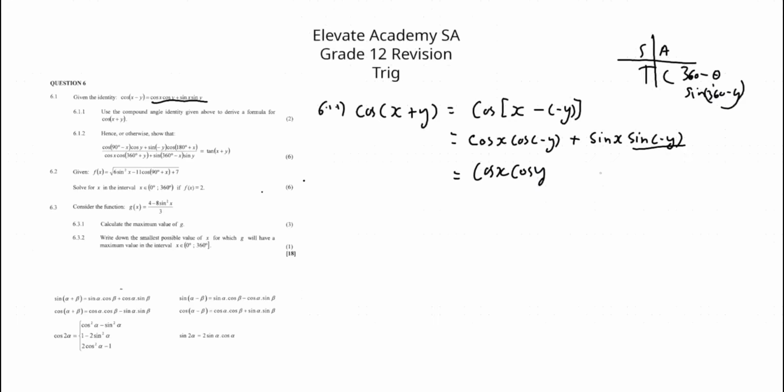So we're going to get plus sine x times negative sine y using reduction. And here we see a positive times a negative will give us a negative. So let's just write this up. There's nothing else we can do here. Cos x cos y, and a positive times a negative is going to give us a negative, equals cos x cos y minus sine x sine y.